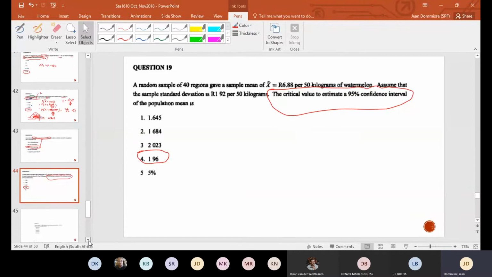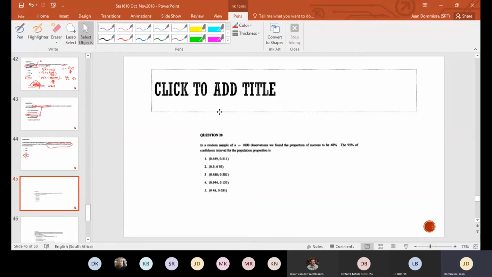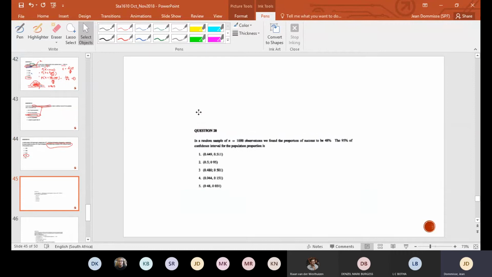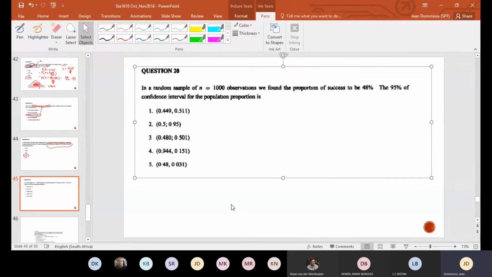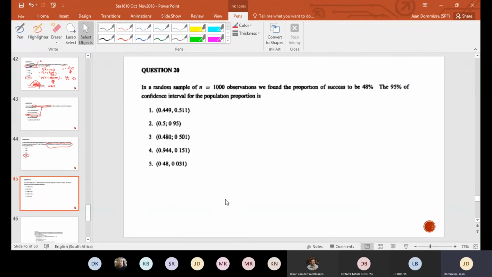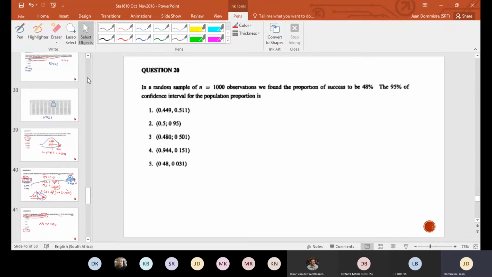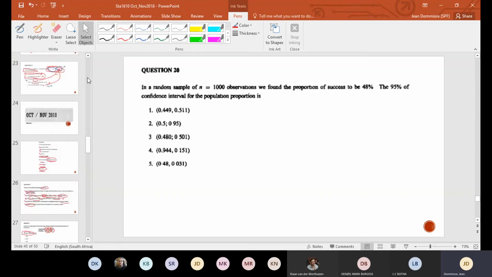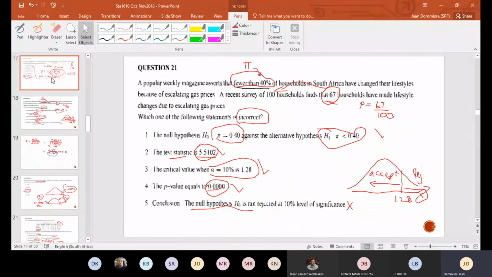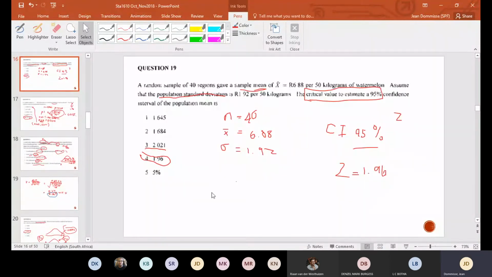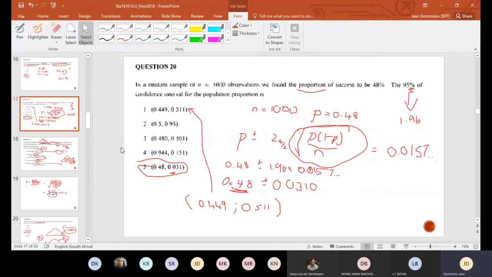Sorry, I'm rushing through it because it's all things that we did last time, and also to show how many of the things are repeated, because question 20 is exactly the same as in the previous paper. So you can see question 19 was exactly the same, and question 20 exactly the same.